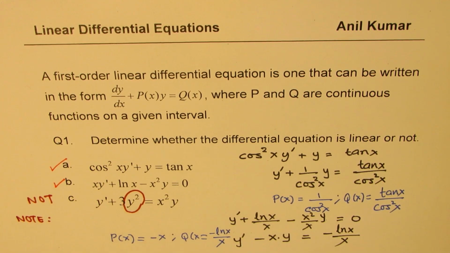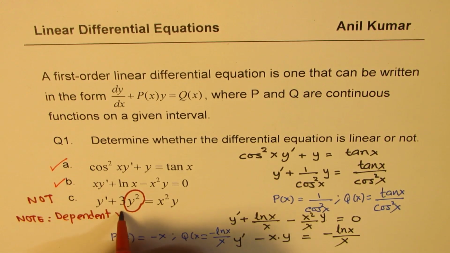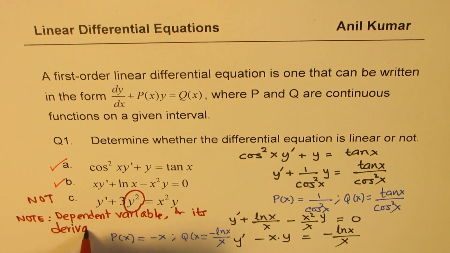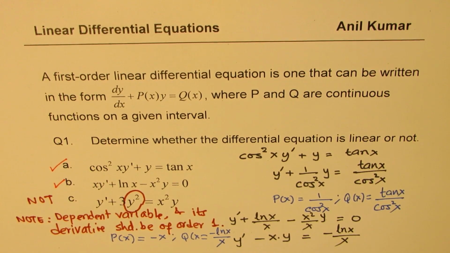The dependent variable, that is this y, and its derivative should be of order 1. Is that clear? So by inspection, you could immediately say that this is not a first order linear differential equation, since we have a term y square in it. Perfect. So that is what we could actually do.